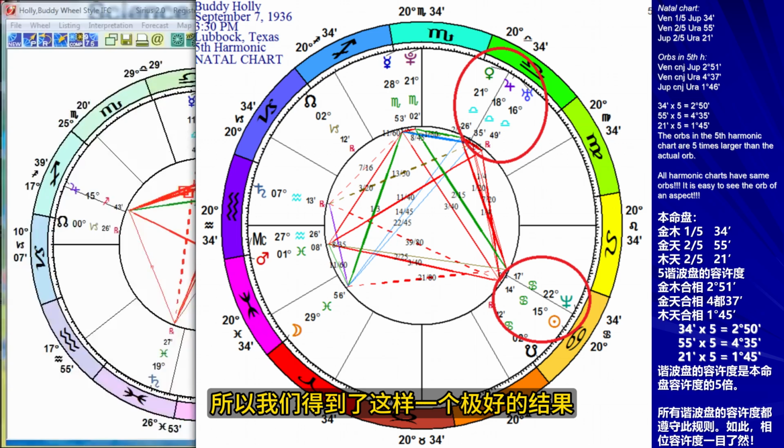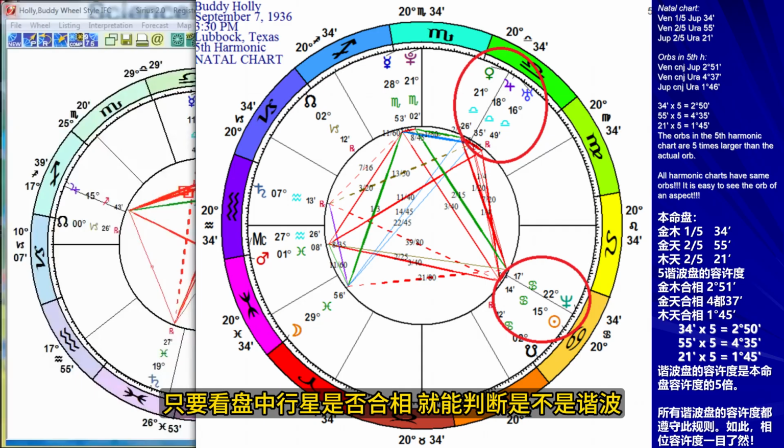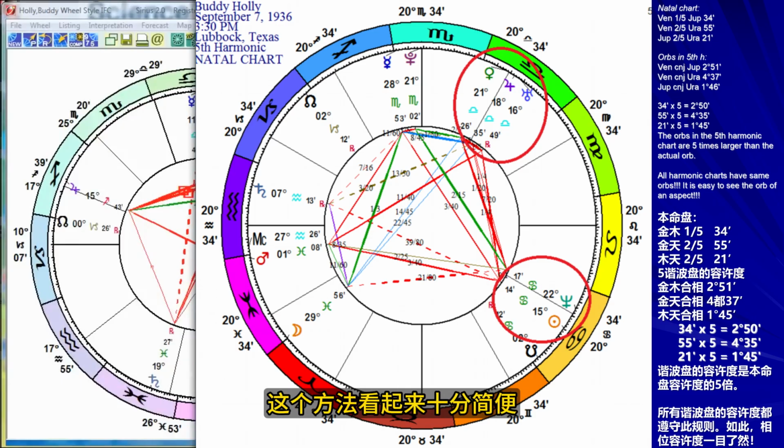So we have this marvelous result that all harmonic charts have the same orbs, and all we have to do is look at planets conjunct each other, and they're in that harmonic. Well, almost that easy. There's a few wrinkles in this.